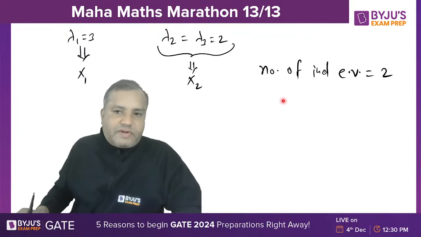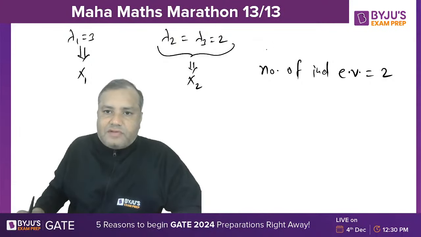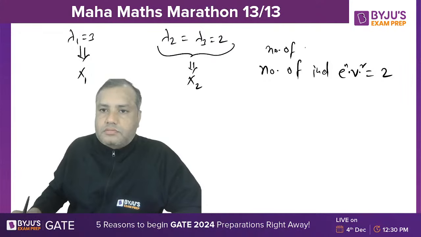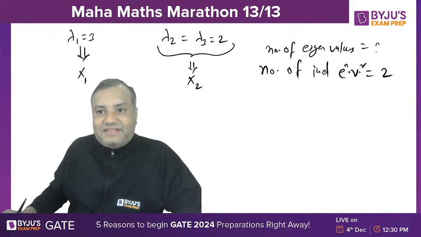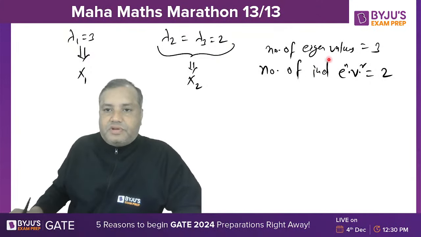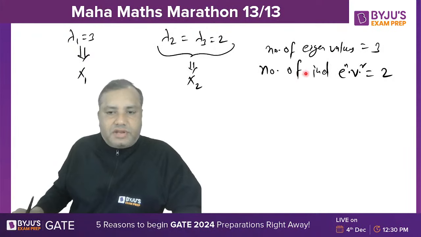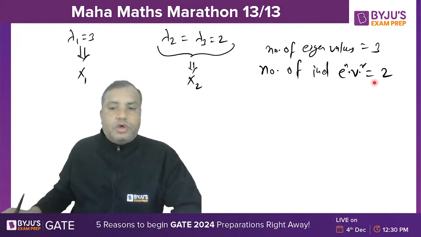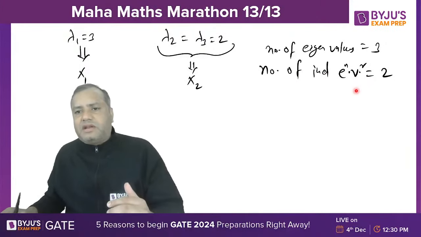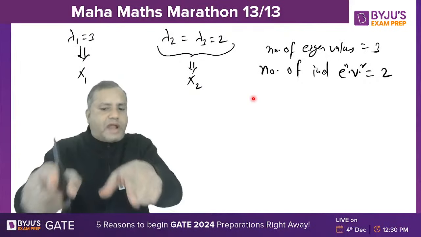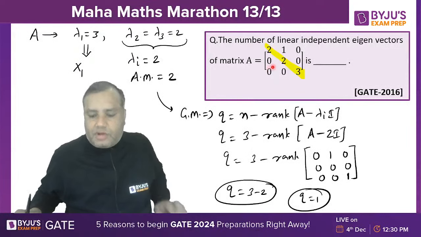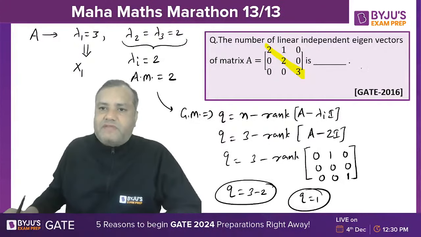Number of eigenvalues is 3, number of independent eigenvectors is 2. So the number of independent eigenvectors is not equal to the number of eigenvalues. The given matrix cannot be diagonalized. So if asked for the number of independent eigenvectors, the answer is 2.